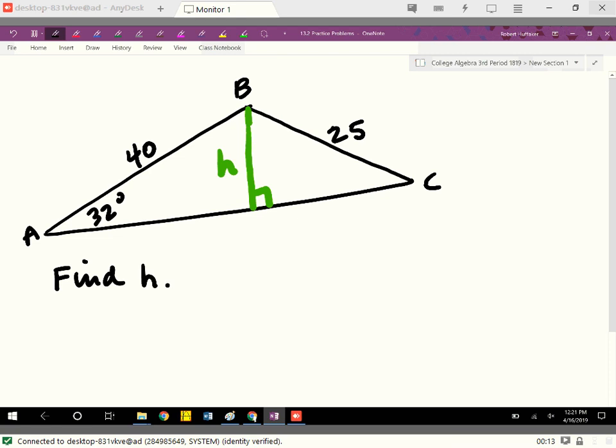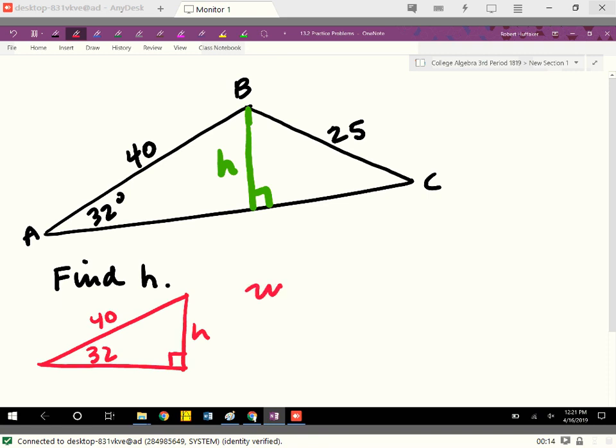My recommendation to find h is to reproduce the triangle on the left, where this is 32, this is 40, and this is h. This is the type of problem that we were doing all throughout last time and the time before. I've got an opposite and a hypotenuse, so I need to use sine.